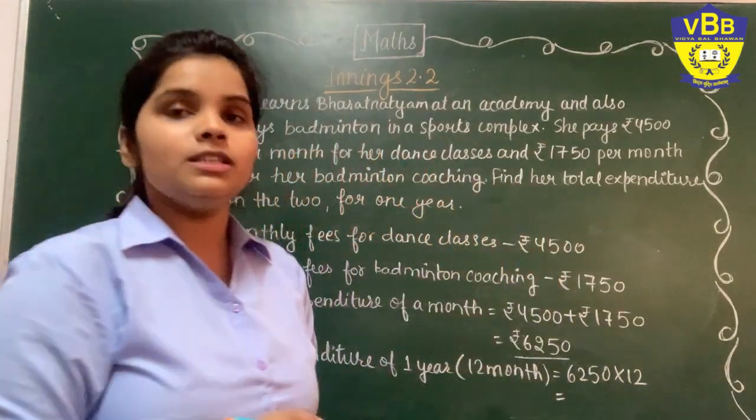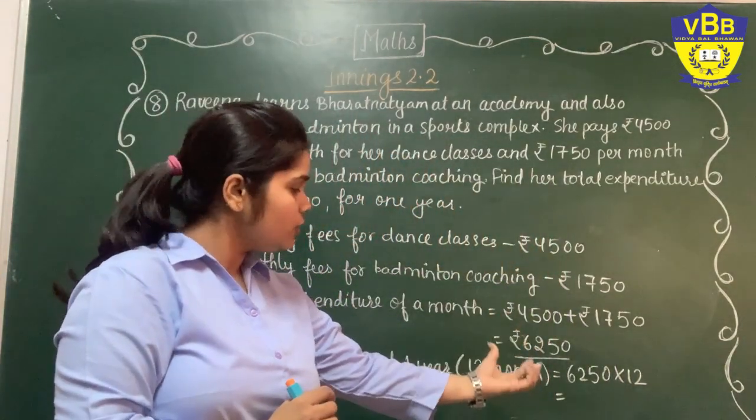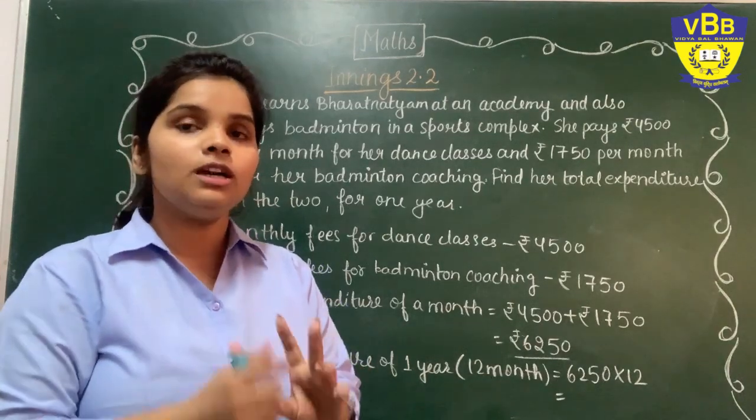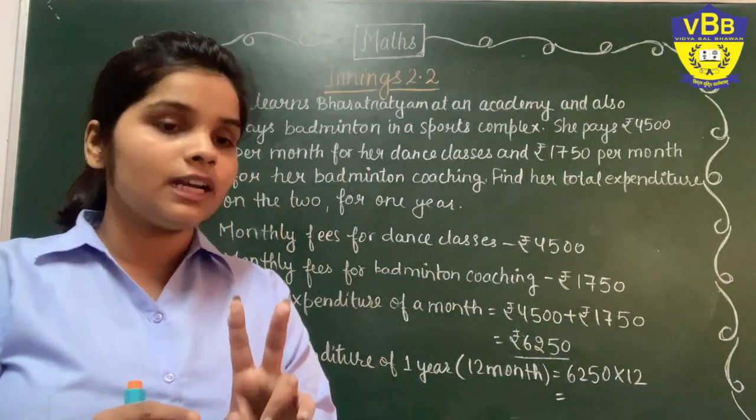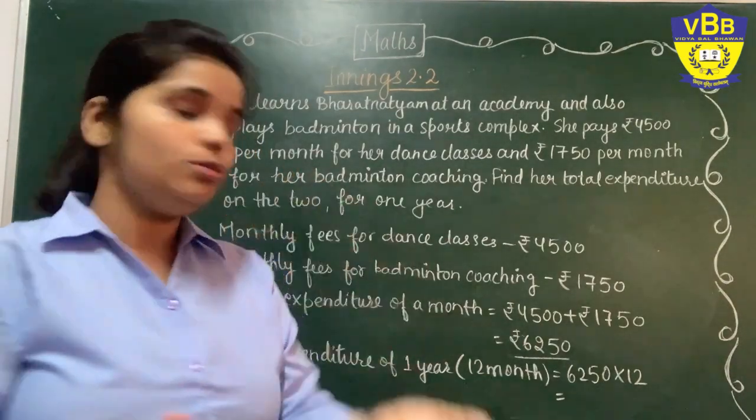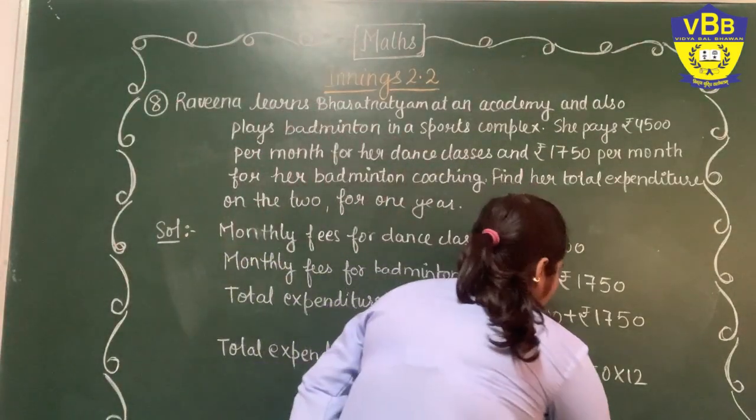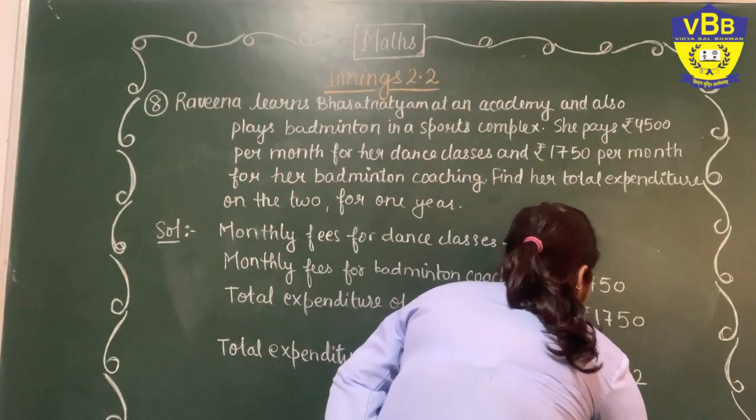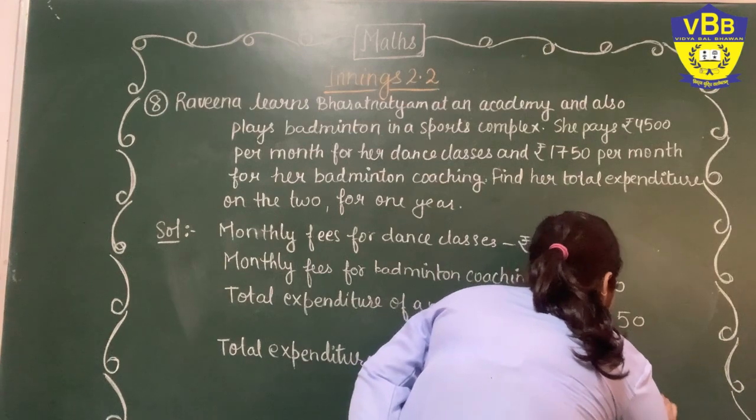After multiplying, the product of these two numbers will give you the amount she is paying for both the activities in 1 year. Answer will be 75,000 rupees.